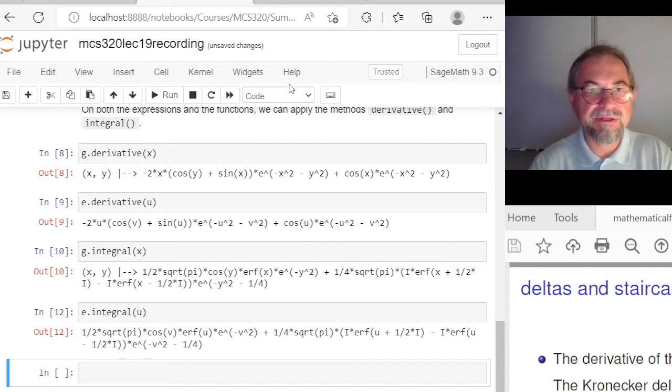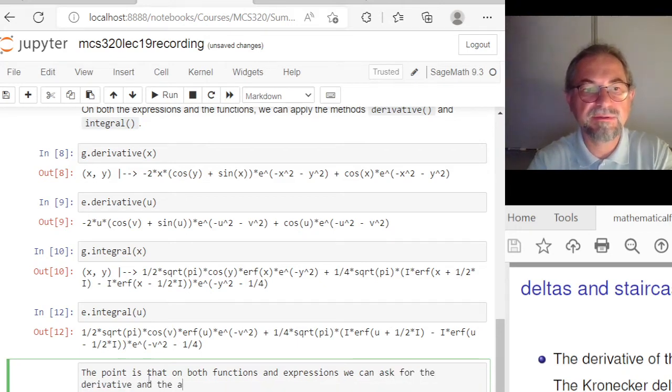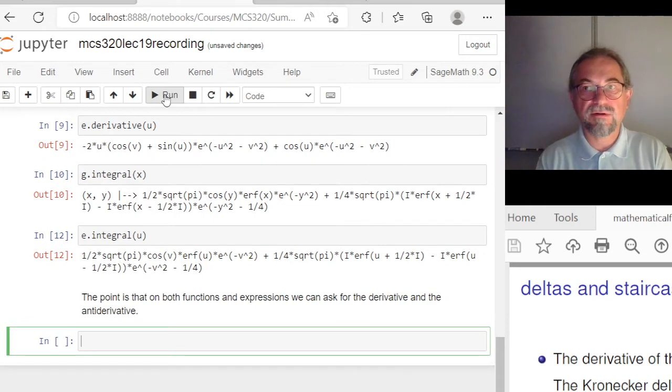The point here is not so much what is the value, the point is that on both functions and expressions we can ask for the derivative and the antiderivative. We cannot do that on Python functions.